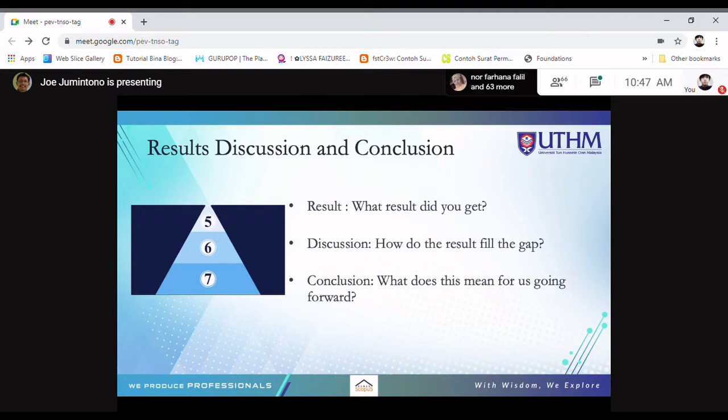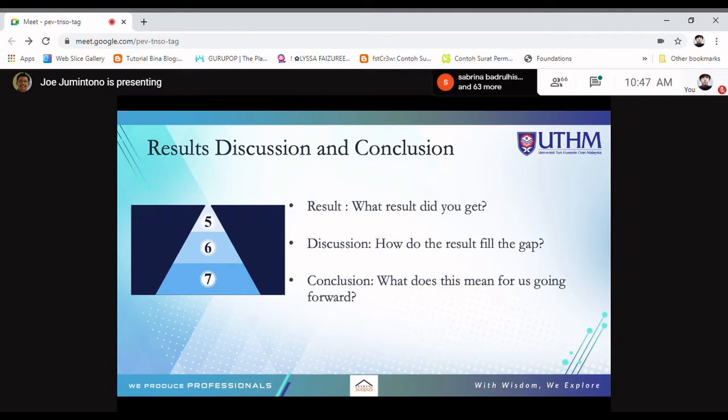Once again, these are the three things that you should put in the discussion here. So the discussion is broader than the result, more broad.